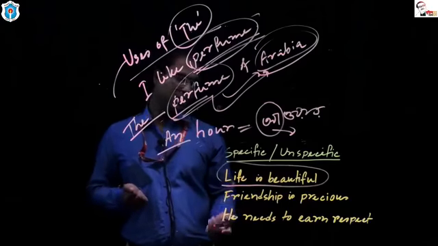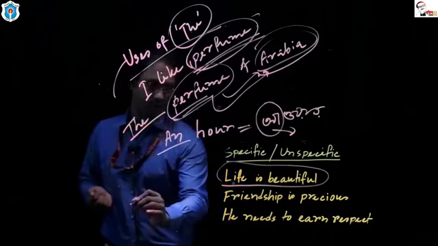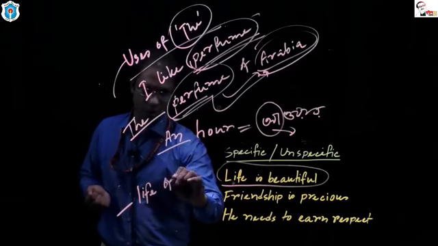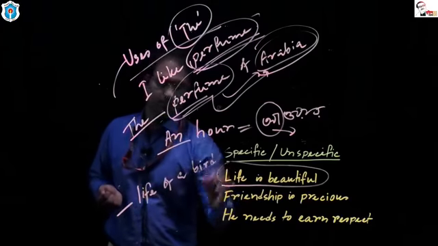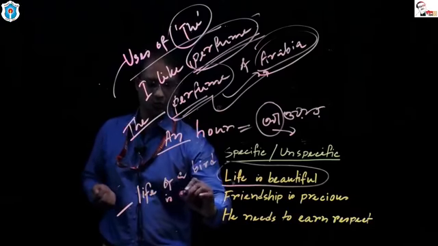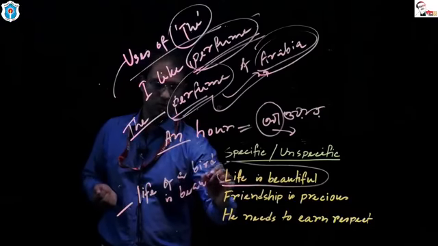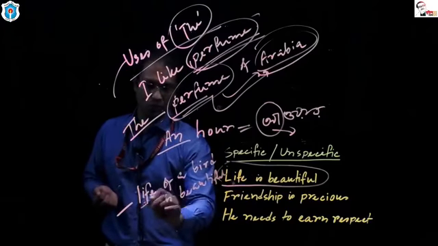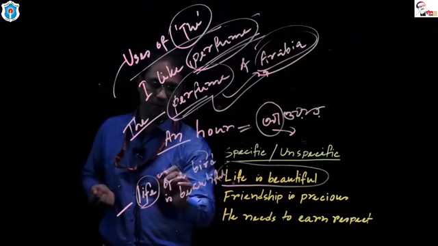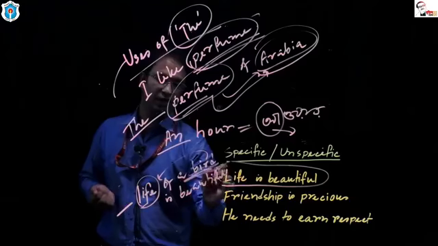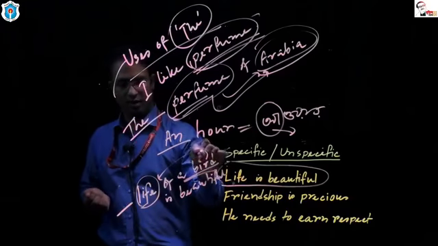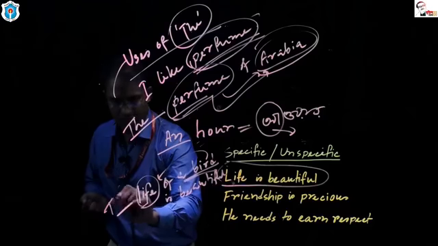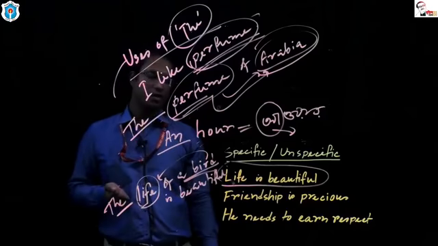But if I tell dash life of a bird is beautiful, then it becomes specific. What type of life? The life of bird, the specific life. The life of bird is a specific life. That's why we will use here the life of a bird is beautiful.